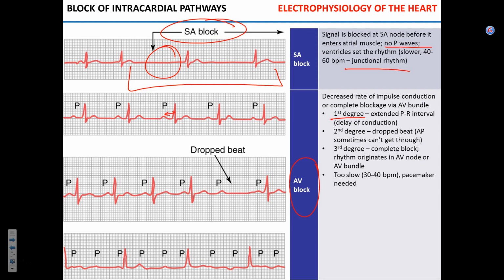It becomes narrower, meaning that the signal goes through a longer time. Atria stay depolarized, the time from atrial depolarization to ventricular depolarization is longer, right? So door is narrower. In the second degree, door sometimes gets closed.